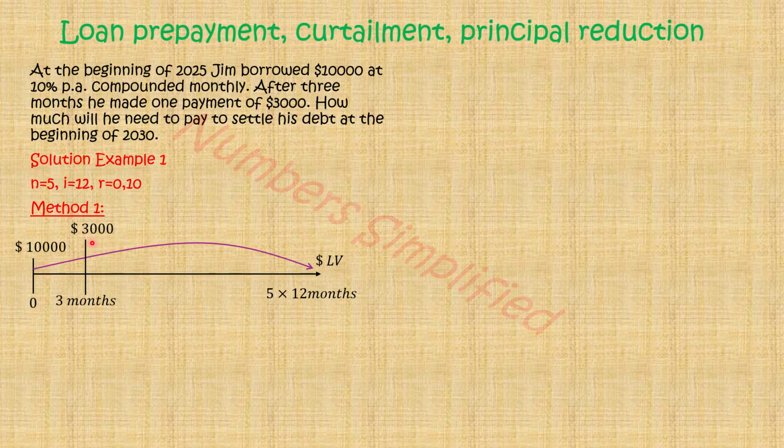Take note, this is 3 months, so that is the period, and the amount paid is $3,000. That $3,000 is going to mature with interest, implying that the period from time 0 to the time the whole loan is due is 5 years times 12 months, which gives us 60 months. That is the total period required for the loan to be paid back.